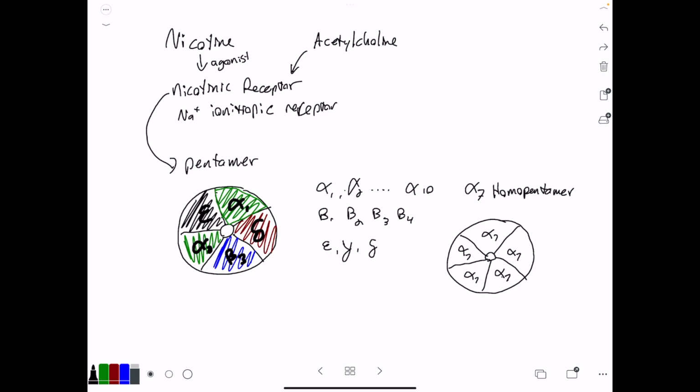And where do we find alpha 7 homopentamer nicotinic receptors? Well, we find them in dopaminergic neurons in the VTA. Indeed.